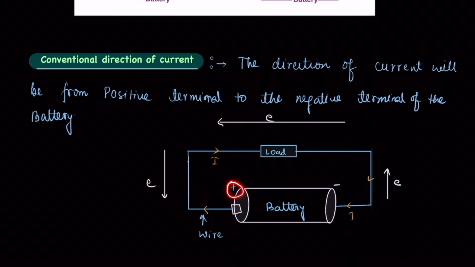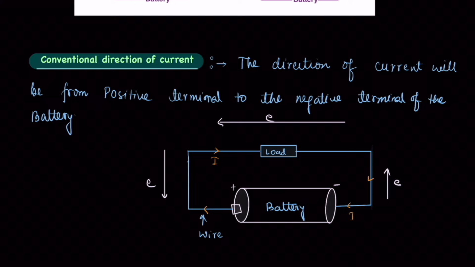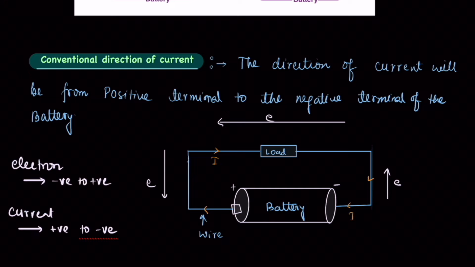From the positive terminal the charges are moving. But later they found that no, electrons are responsible for it. But they didn't want to change this because many conventions were already formed based on this logic. So that's why it is called the conventional direction of current. So always remember, electrons move from negative to positive, but current moves from positive to negative.